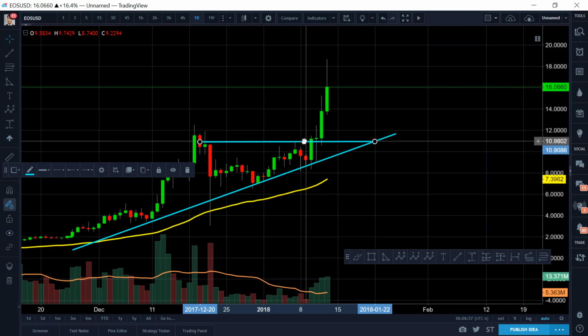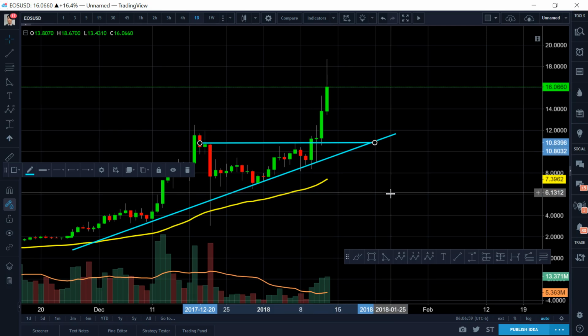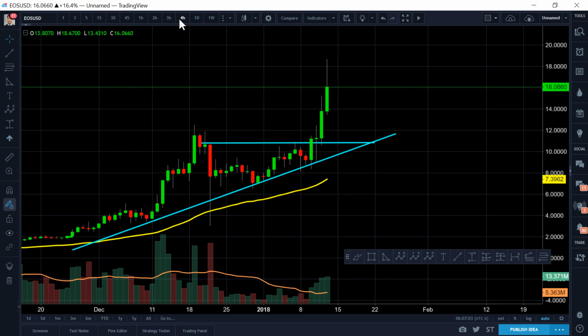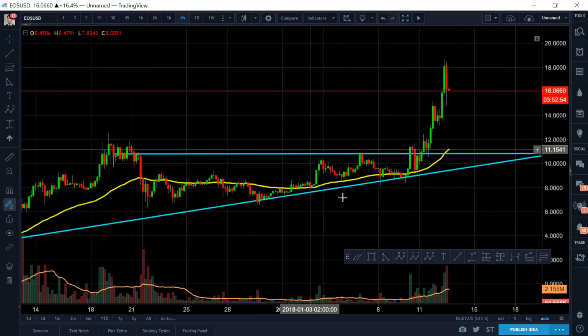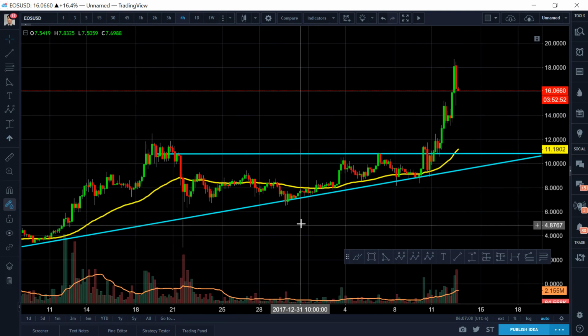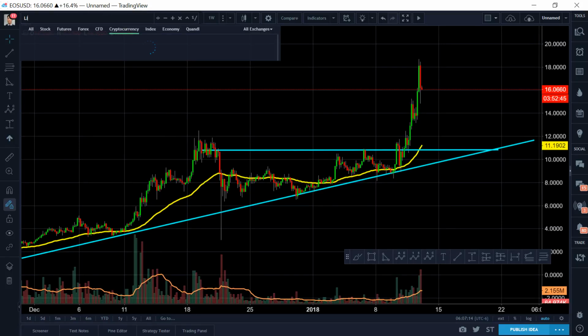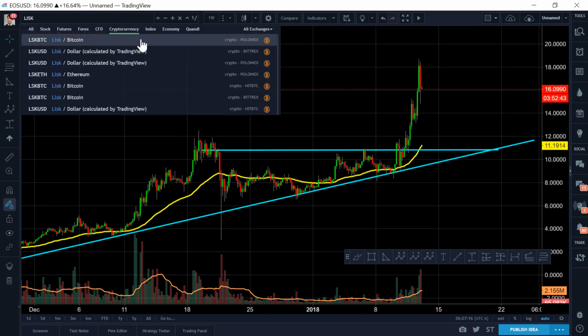This would be more acceptable in this range with the wick poking in there. In a different time frame, you'll definitely see it a lot better, right? So yeah, that's what I'm talking about, guys. That's an ideal shape that we want to see, because then it becomes like an ascending triangle, which is super bullish, okay?